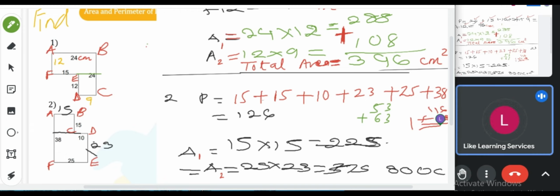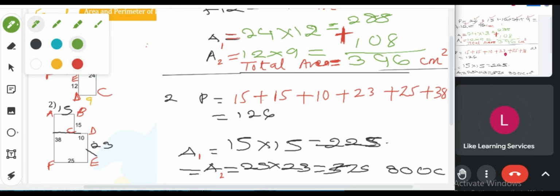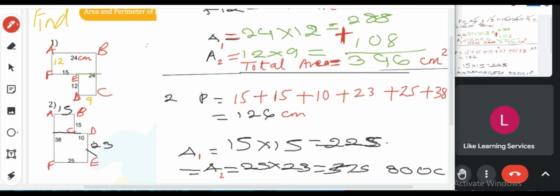Sorry, 63. You're right, it's 63 instead of 53. It's 126. That's correct. The 126 centimeters, if it was in centimeters.